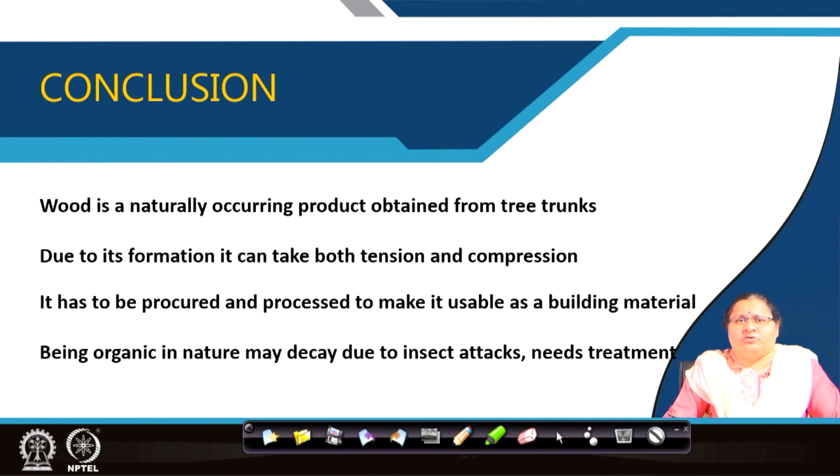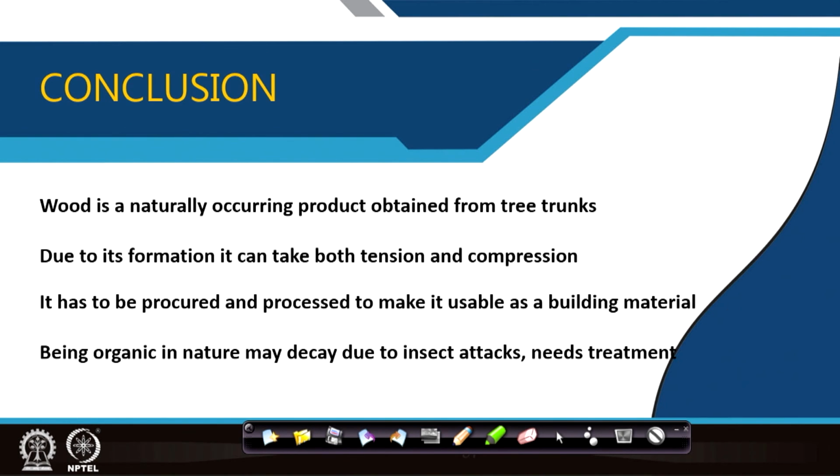So, we use naturally occurring material as a building material with the caution that it needs to be treated, it needs to be seasoned, it needs to be procured properly from the right mature tree, and we can actually use it for our building purposes.